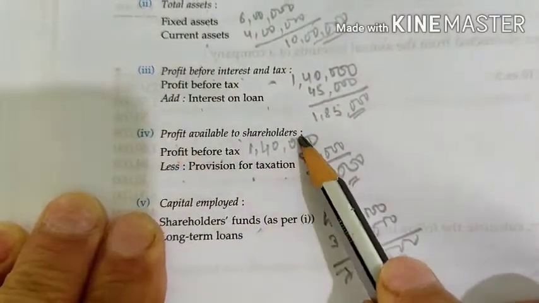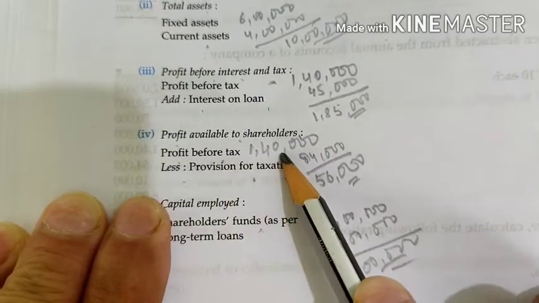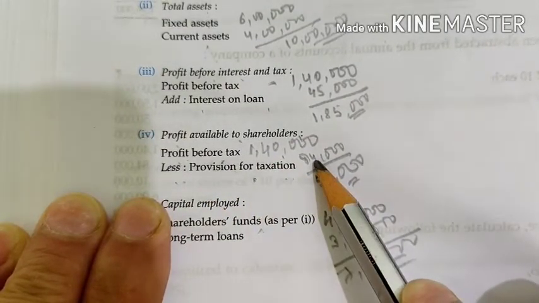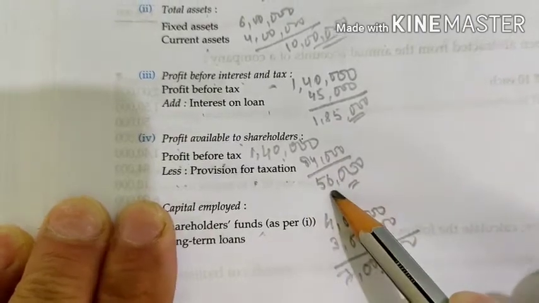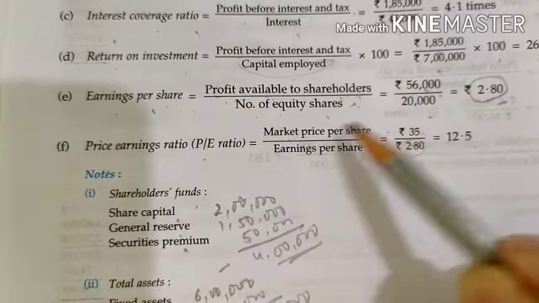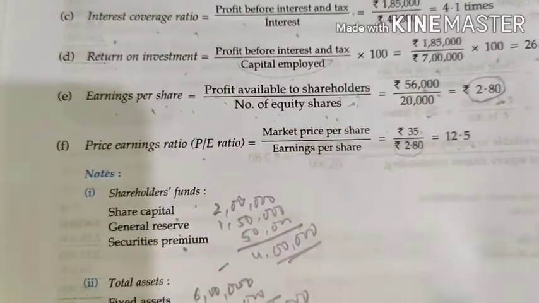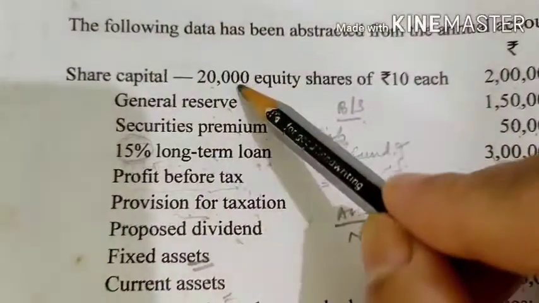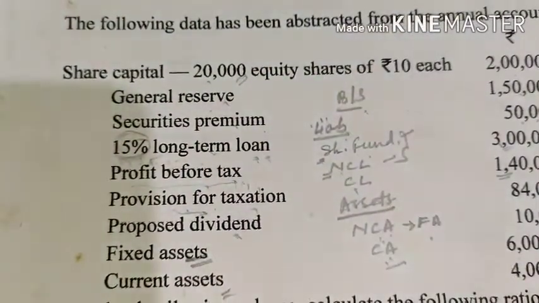Profit available to shareholders is profit before tax 1,40,000 minus provision 84,000, provision for taxation. So you have 56,000. So it is 56,000 divided by number of equity shares, and number of equity shares as mentioned in the question here is 20,000 equity shares.